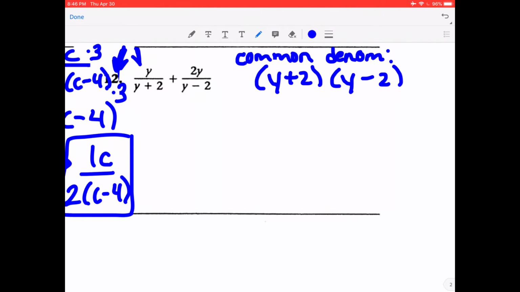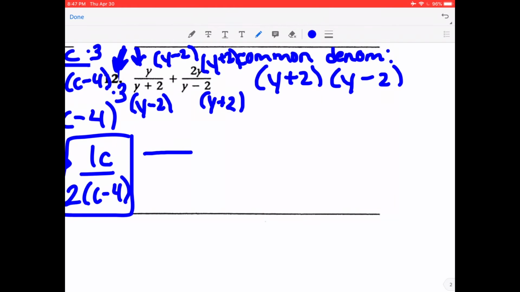So for this left fraction, I need to multiply the denominator by y minus 2, and I do the numerator times y minus 2. On the right fraction, I need to multiply the denominator times y plus 2, and the numerator times y plus 2 as well.